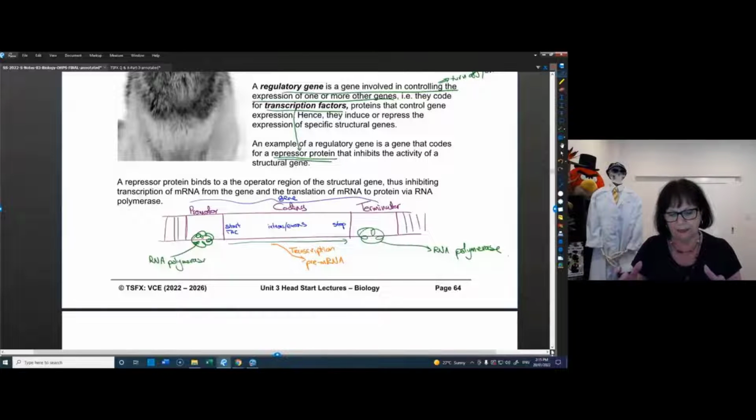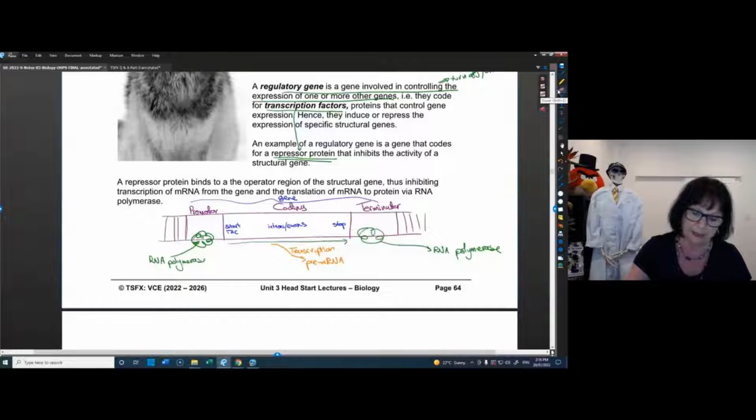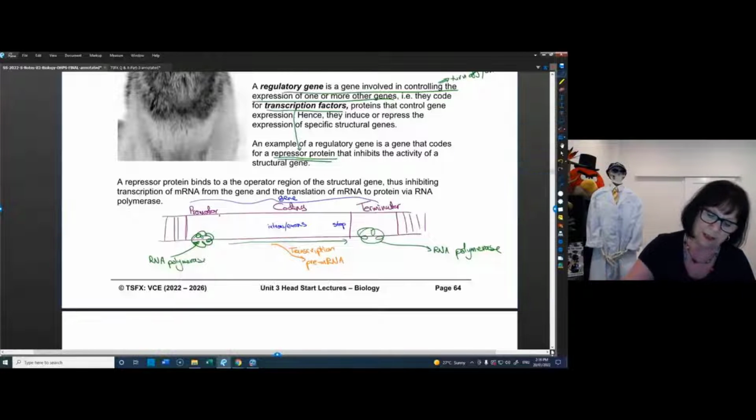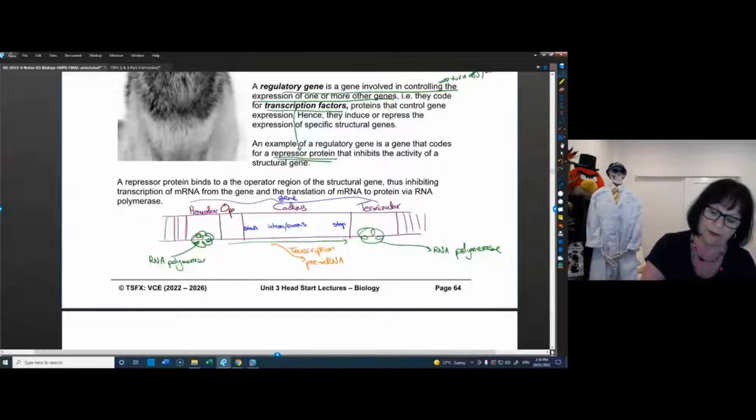Now, through science and all the workings of it, especially with bacteria, what scientists have worked out is that there's actually another section in bacteria. And this section is called the operator region.